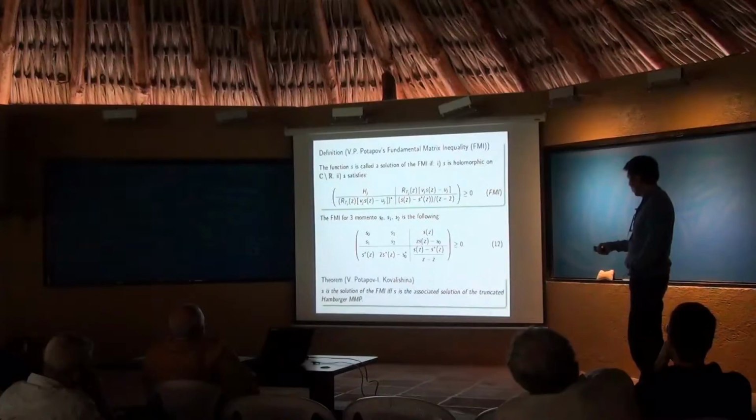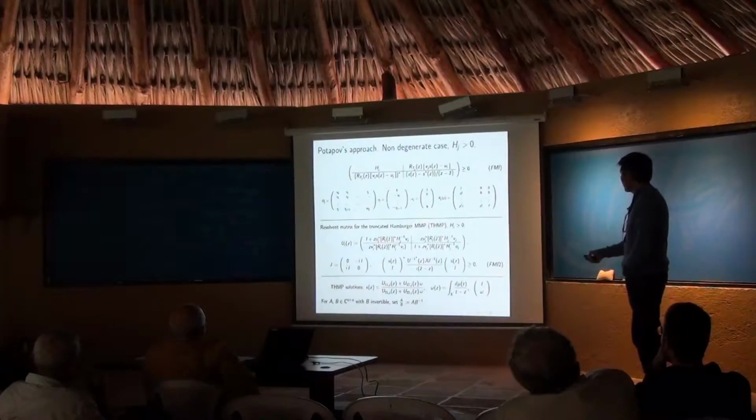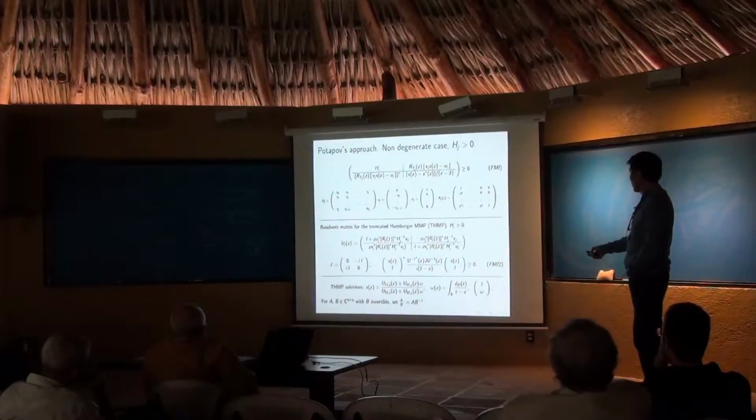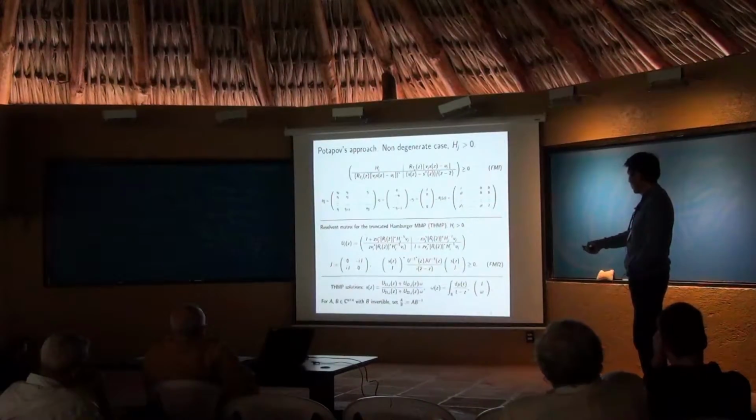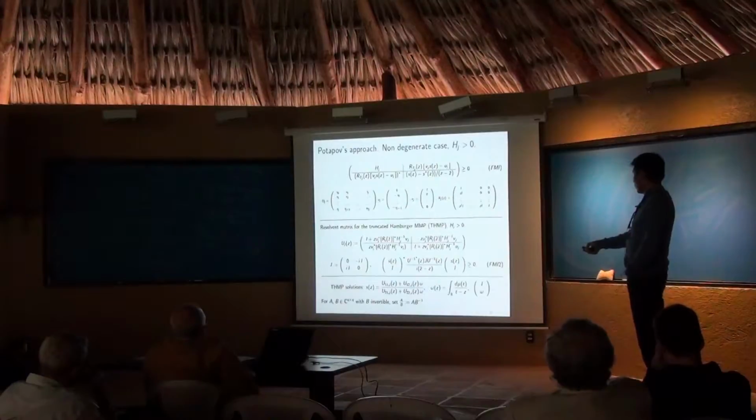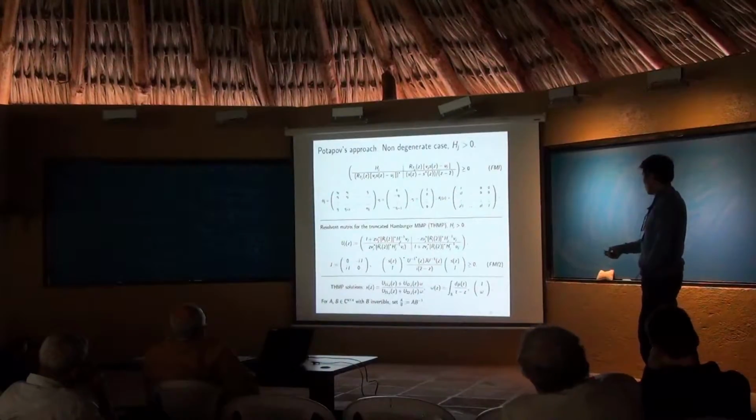This matrix we can see here. This H is again a block Hankel matrix, and this is also a matrix constructed from the moments, some auxiliary matrix.